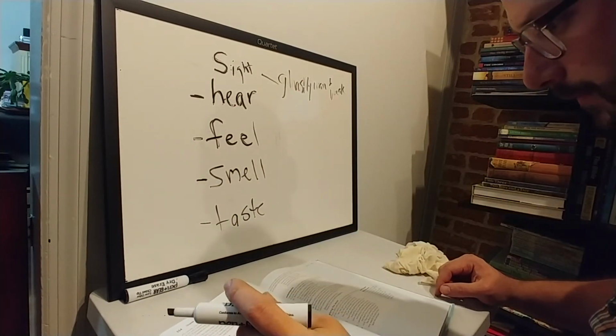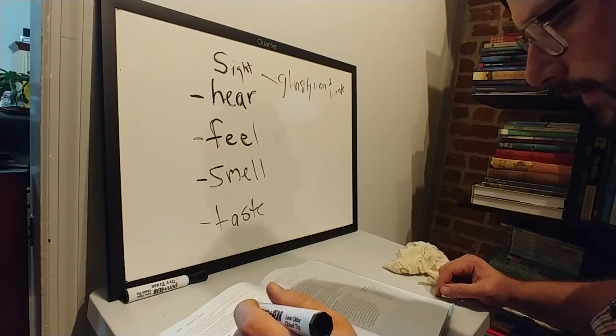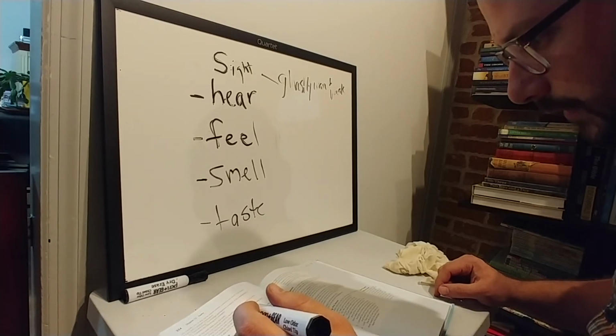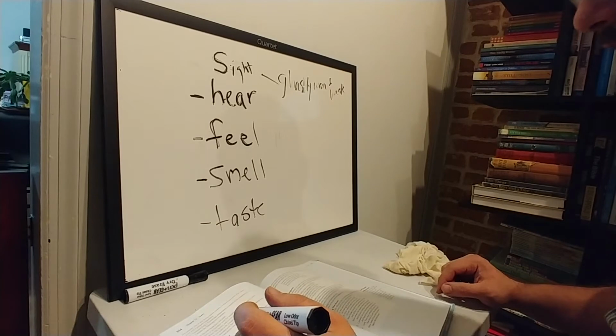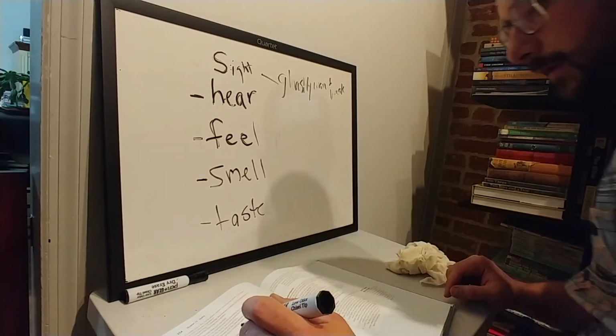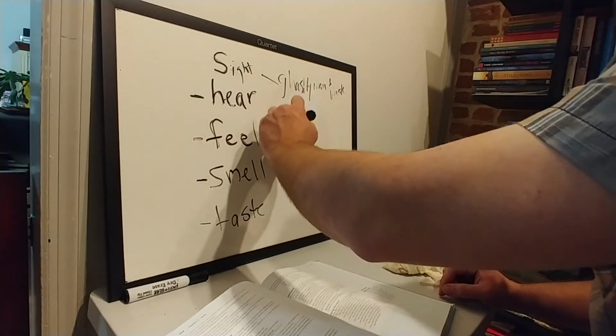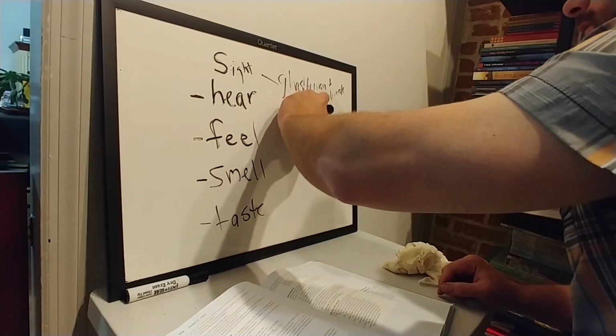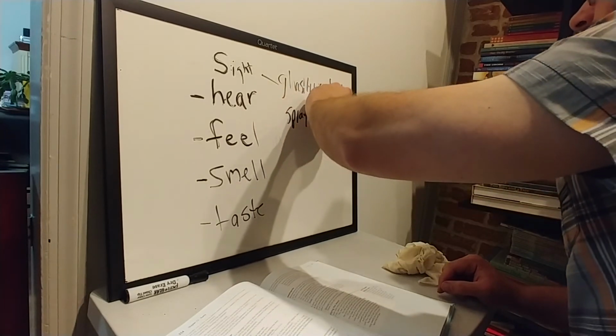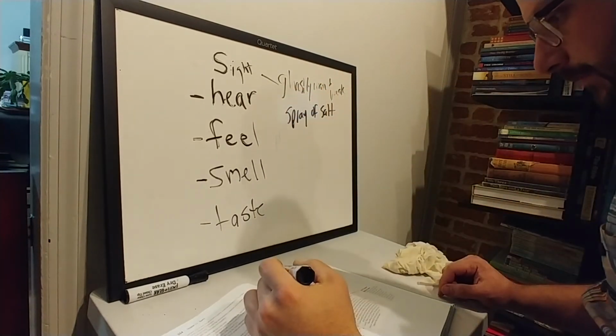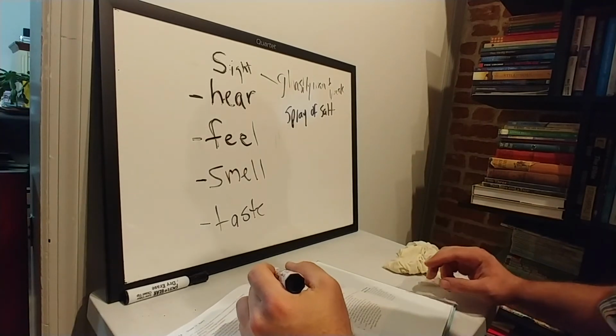The stout mate thought of home. A spray of salt wave washed his swarthy cheek. So we have the spray of salt. Now this one could be two different ones.